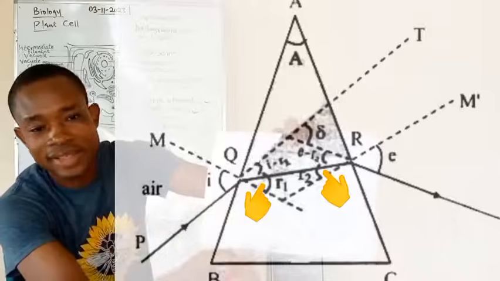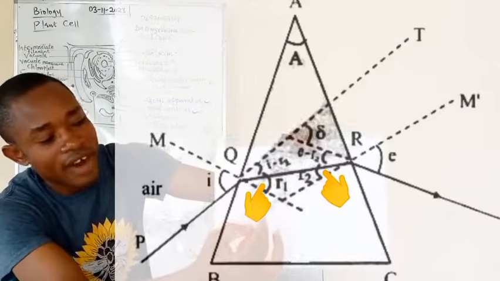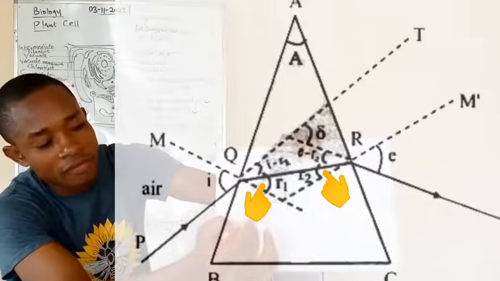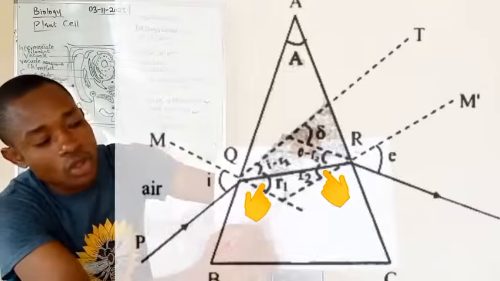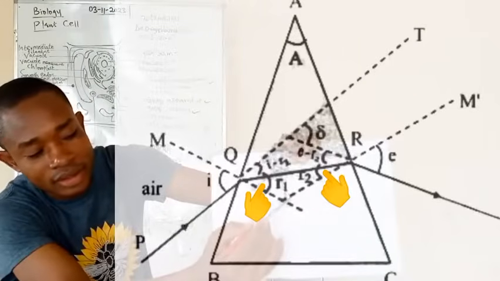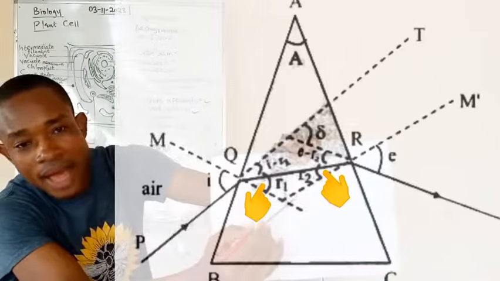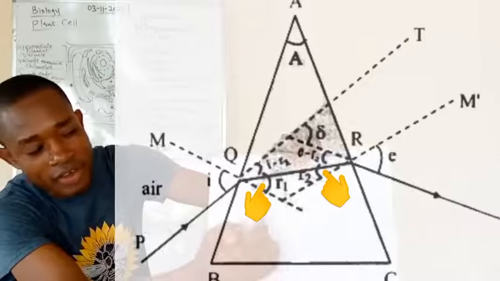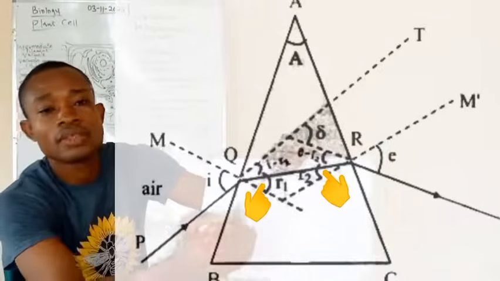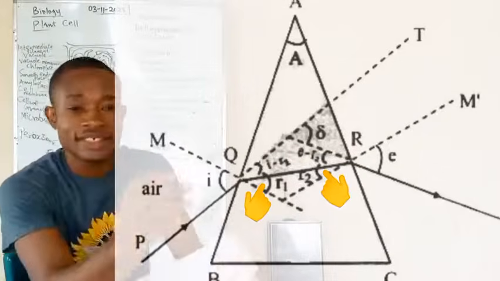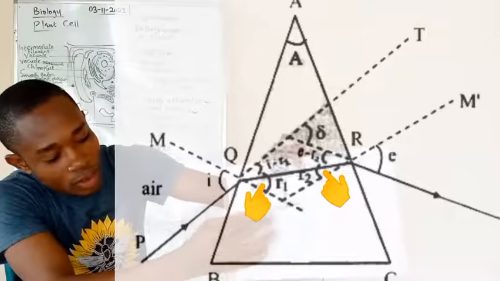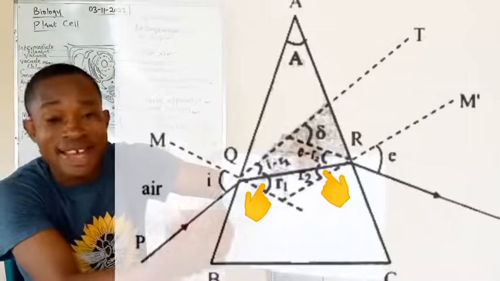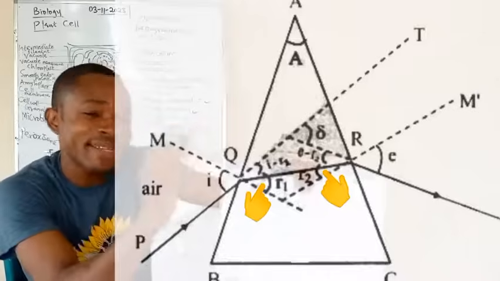So what am I saying in essence? The angle of refraction at the point of incidence along face AB is equal to this angle here, at the point of emergence along face AC. And then finally, if these two angles must be equal, it simply means that the refracted ray will pass symmetrically.